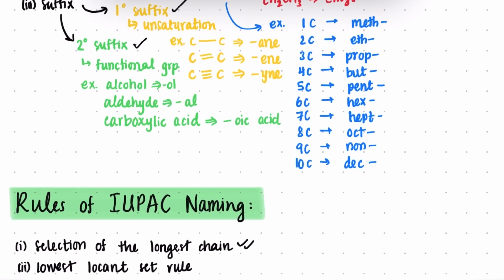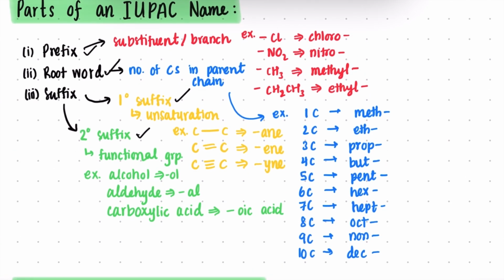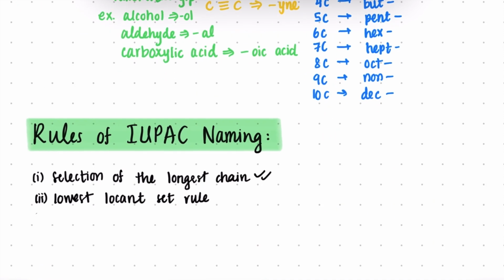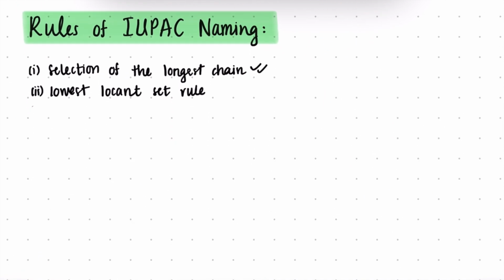If you remember from a few minutes ago, the root word talks about the number of carbons present in the longest or parent chain. The definition of a parent chain is the longest chain in the compound. So the selection of that is one of the rules present in the IUPAC naming system.